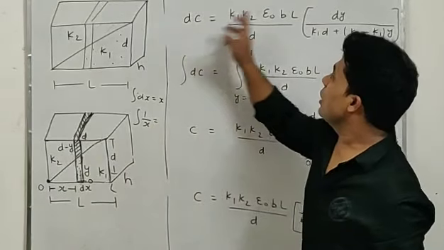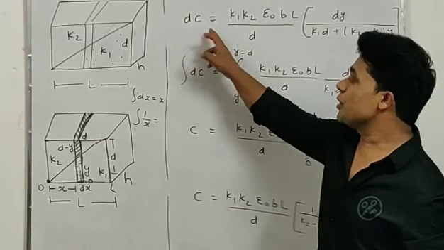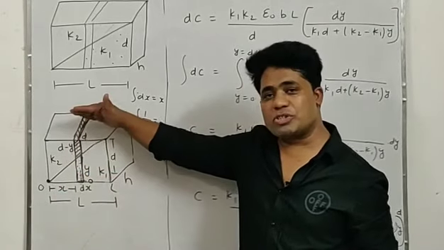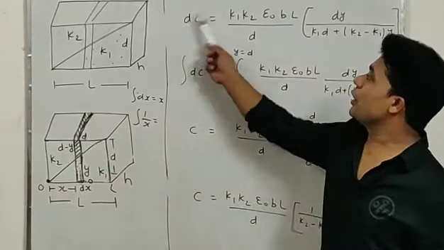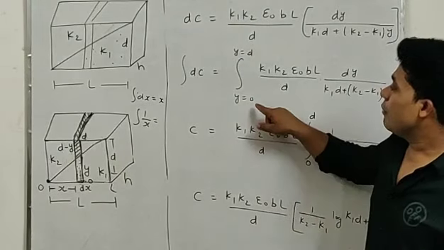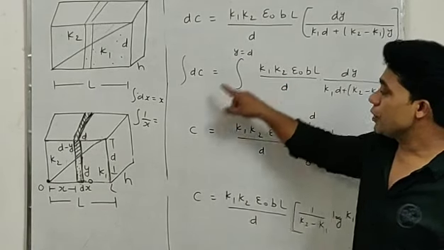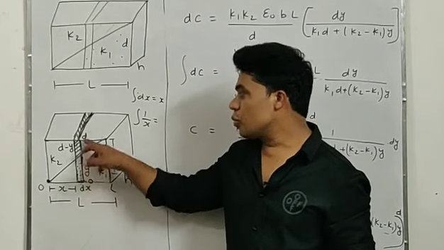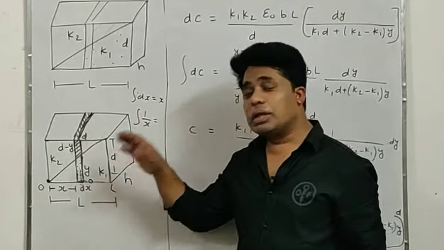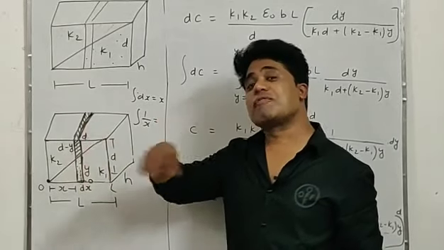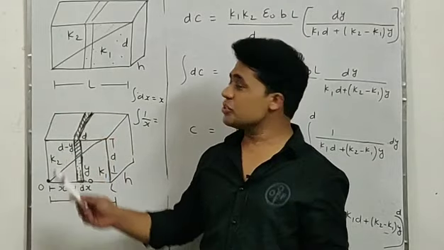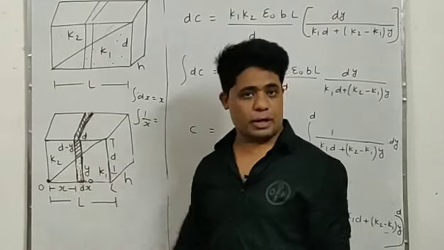So integrating both sides, because this is only the capacitance of this small segment, we take the limit from 0 to D. The capacitance of all the segments will give the capacitance of this system having two dielectric constants K1 and K2.